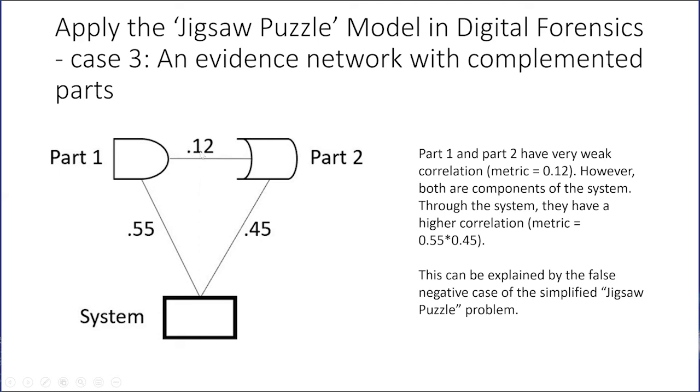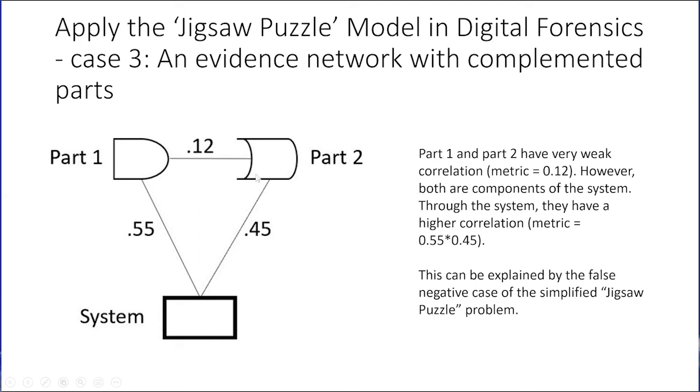However, both of the parts are associated with the system and have a stronger correlation with the system. Then we can construct another path from part 1 through the system to part 2. And if we calculate the metric for this path, we can use the product of each segment value.